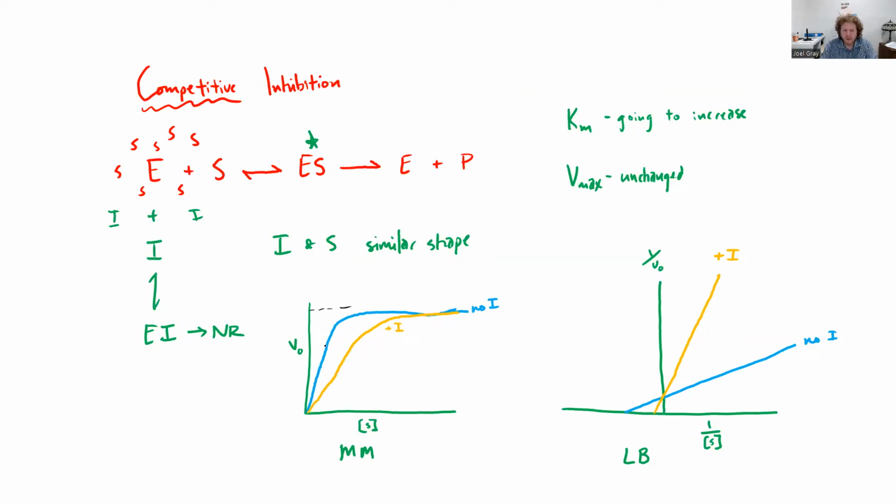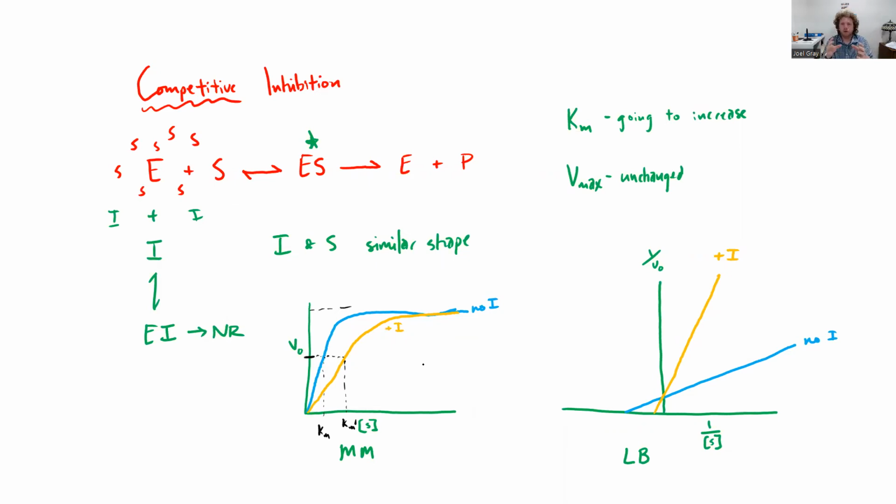Here's my Vmax, here's half of that. Extrapolate out to line up with my blue line. Here's my Km. Then to this line, here's my Km, and I'm going to label it prime because I have an inhibitor present. So my Km has increased because I've moved to the right along my x-axis. So there's our two different graphs.